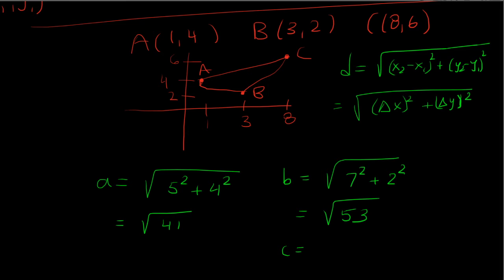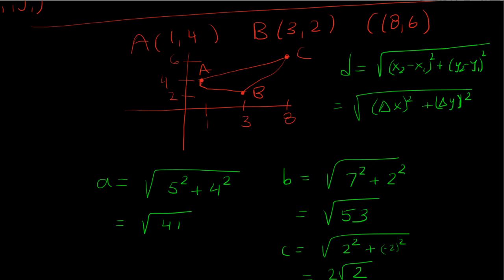And C, well, C we said is AB. A goes from 1 to 3, so that's a change in 2. And 4 to 2, that's a change in 2 in the y direction. Technically it's negative 2, but again, I don't care. So that's just going to be 2 root 2.